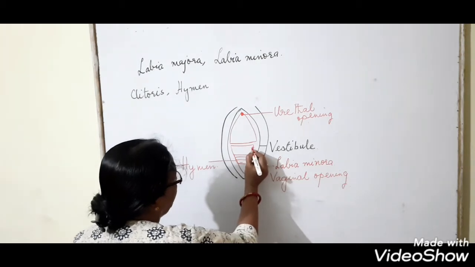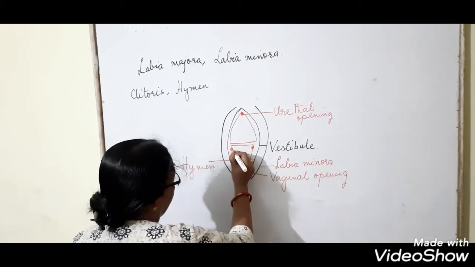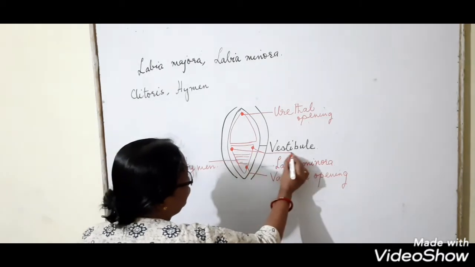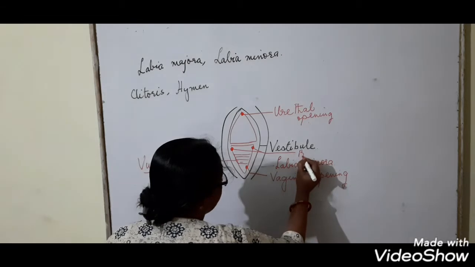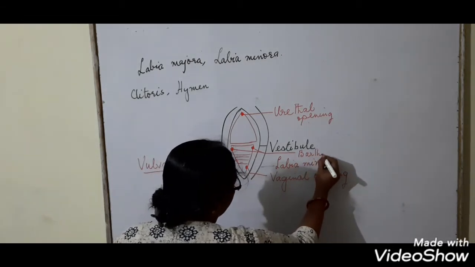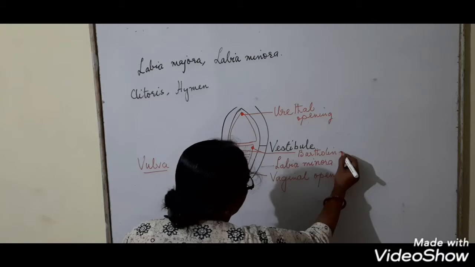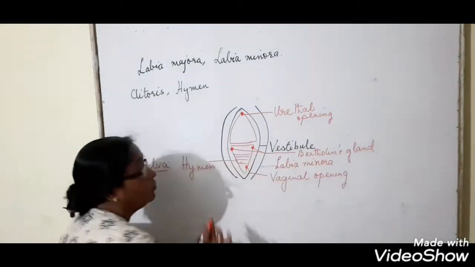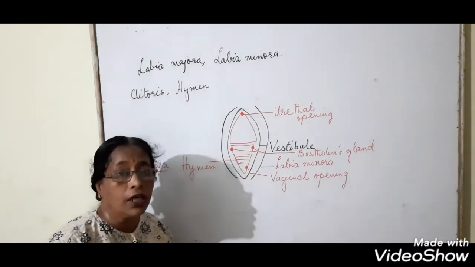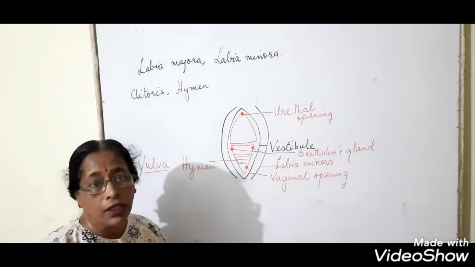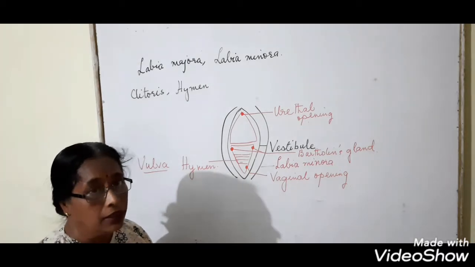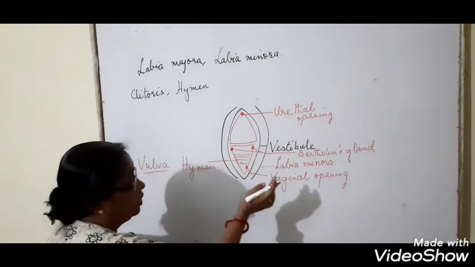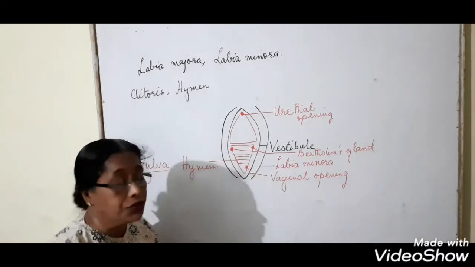Then there is a pair of glands known as Bartholin's glands. The Bartholin's gland is homologous to the bulbourethral gland found in the male reproductive system. The function of the Bartholin's gland is to secrete mucus.